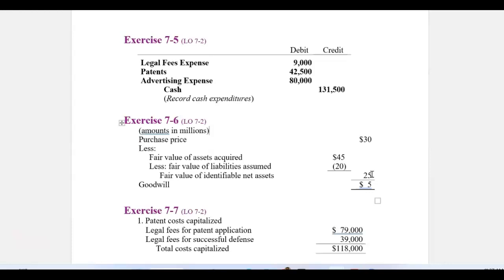But other than that, if there is no loss on goodwill revaluation, then goodwill will stay on your balance sheet for as long as necessary. Make sense?